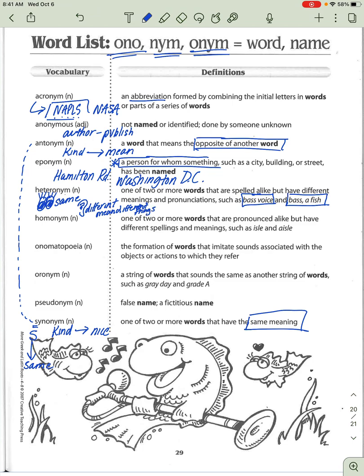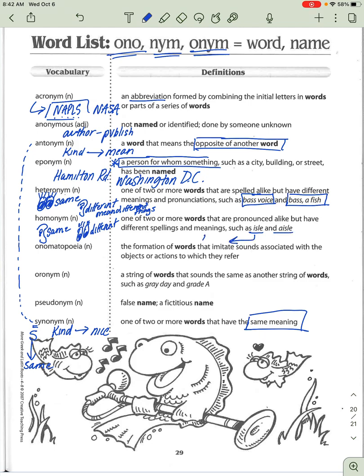All right, then we have a homonym. These ones are going to sound the same. That's another really weird looking ear. Sound the same, okay, but spelled differently. So they look different. Okay, so you've got isle and aisle.